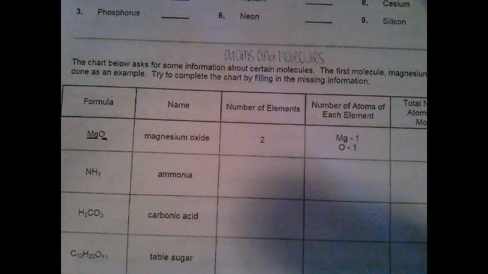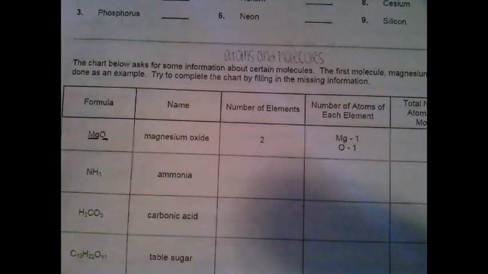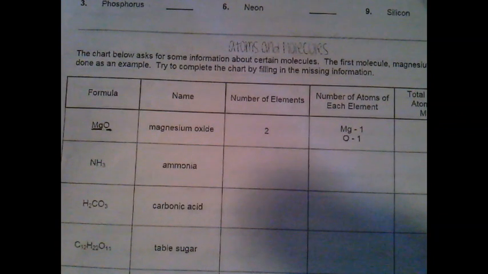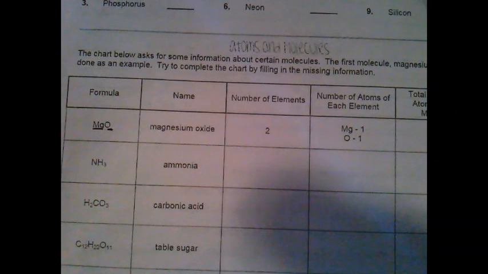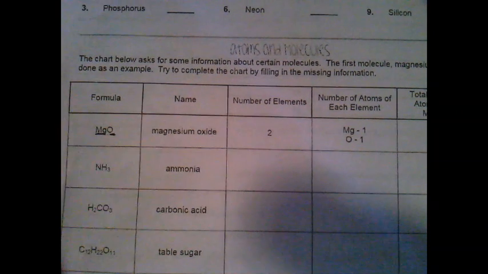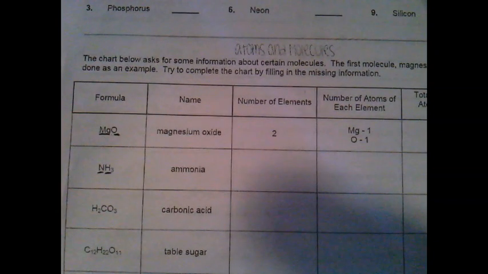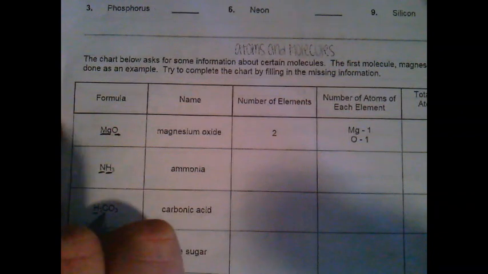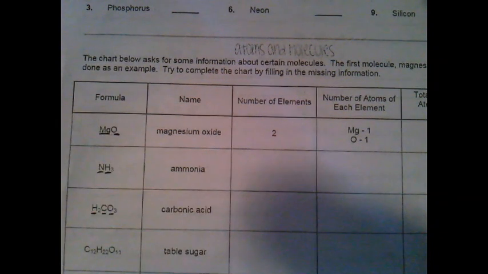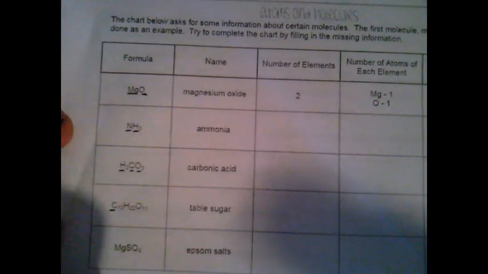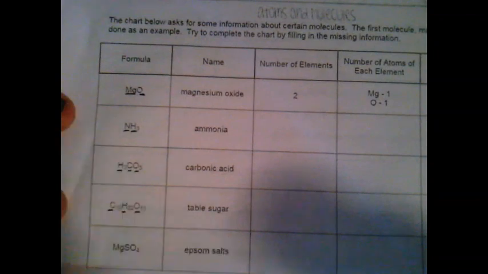We know that there are 2 elements because the element symbol is represented by a capital letter. Remember that element symbols can be represented by an uppercase and a lowercase or just an uppercase. So I know that in H there's 2 elements. I know that there's hydrogen, carbon, and oxygen, so there's 3 elements that we're going to be dealing with. And in this one, I know that there is carbon, hydrogen, and oxygen, so 3 again.